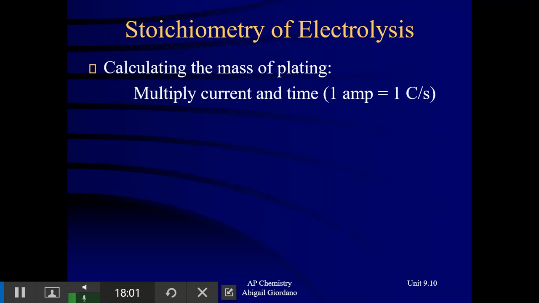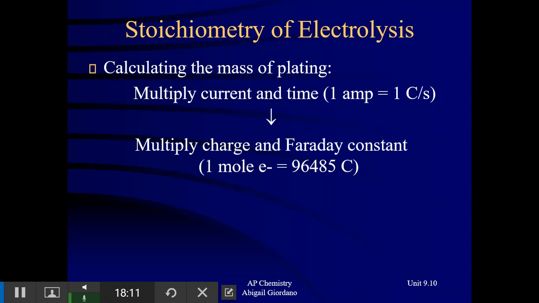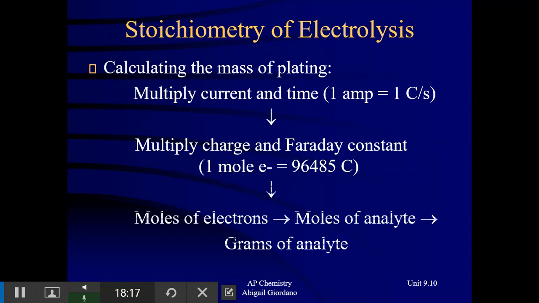So to calculate the mass of metal that will be plated, we're going to be talking about current and time. We're going to talk about charge. We're going to see that Faraday's constant again. And that's going to tell us how many grams of this metal will electroplate out.